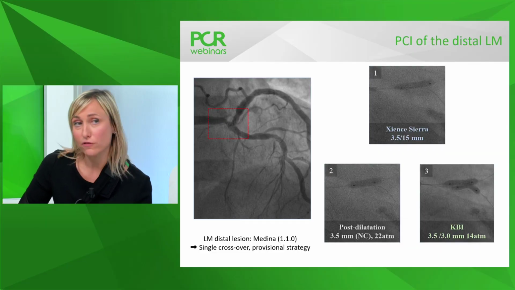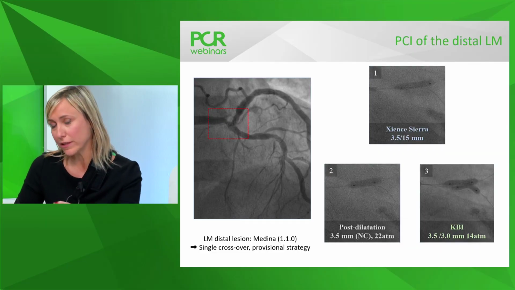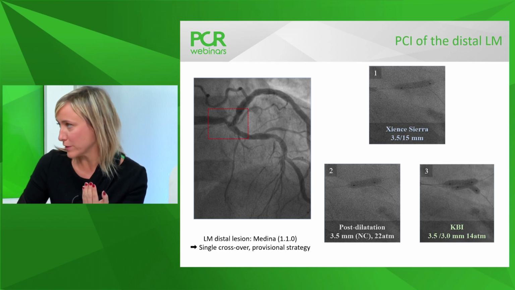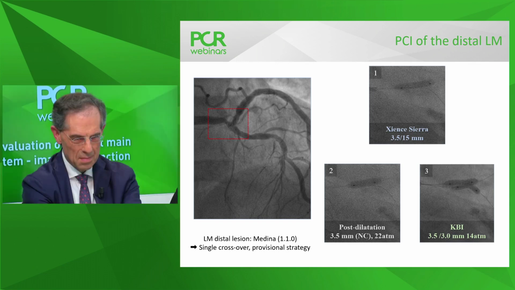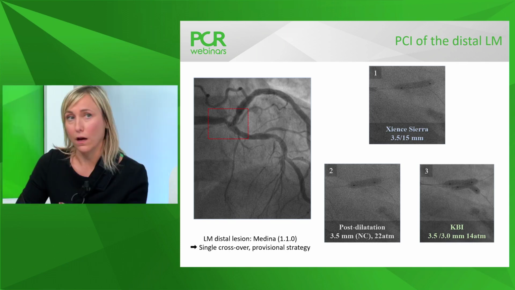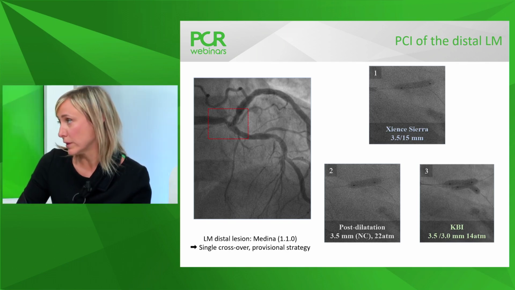Okay, so with the IVUS, I have to say we didn't do a pullback in the circumflex, but when we were pulling back from the LAD to the left main, we were able to see also the ostium of the circumflex, which was not diseased at all.